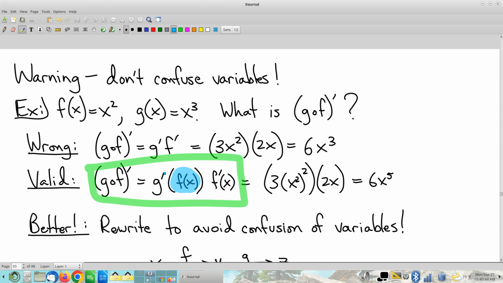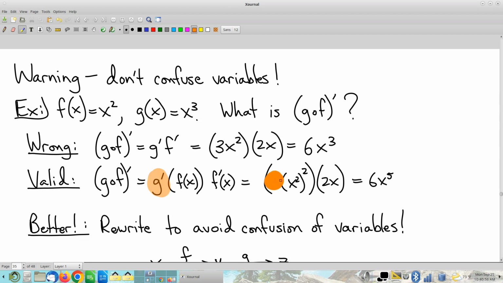So putting this all together, let's talk about the G prime. What is G prime? Well, G prime, the derivative of the cubing function, is 3 times the squaring function. Right? G is x cubed. Well, to be more precise, G is the function that cubes things, whatever is in there.